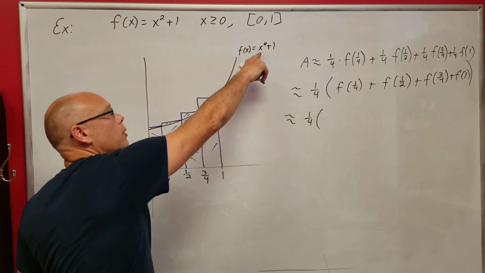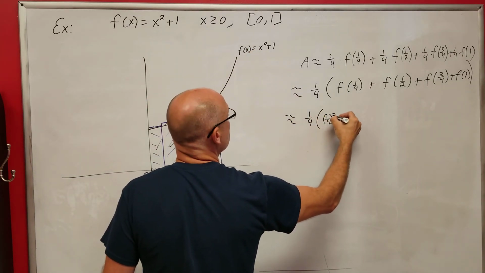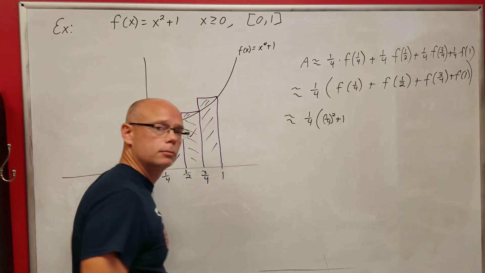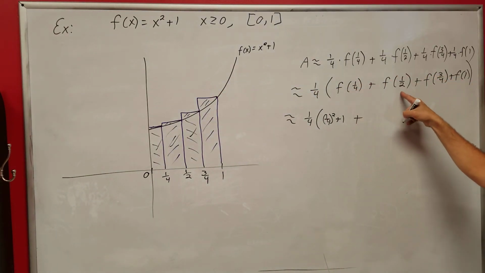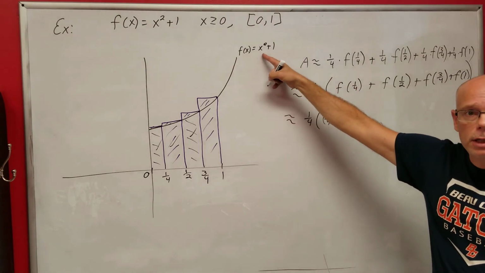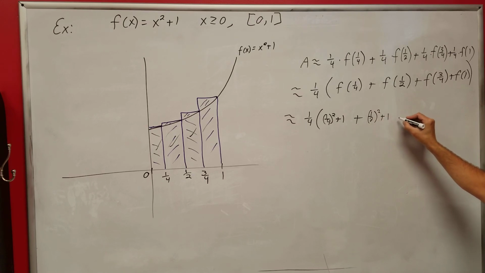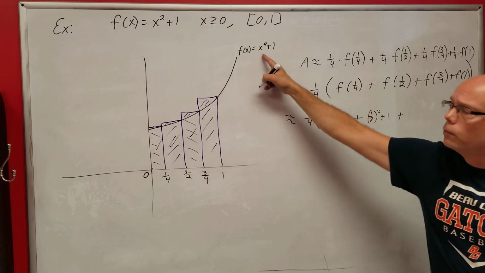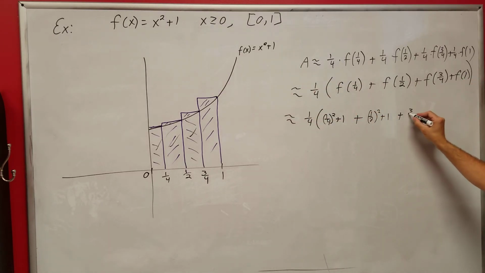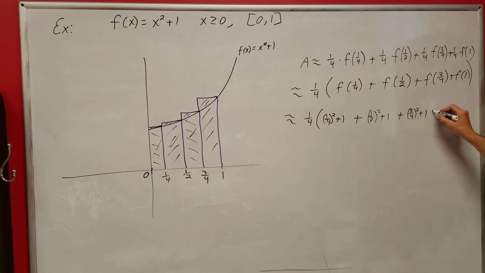We'll sub in 1/4 into this function. So we have 1/4 squared plus 1, plus f at 1/2. So evaluate this function at 1/2. So 1/2 squared plus 1, plus f at 3/4. So you have 3/4 squared plus 1, plus f at 1. So you have 1 squared plus 1.